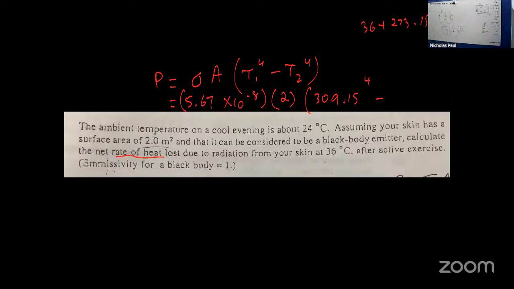What's the next one? 24 plus 273.15, so that's 297.15. That's what we're using from now on.